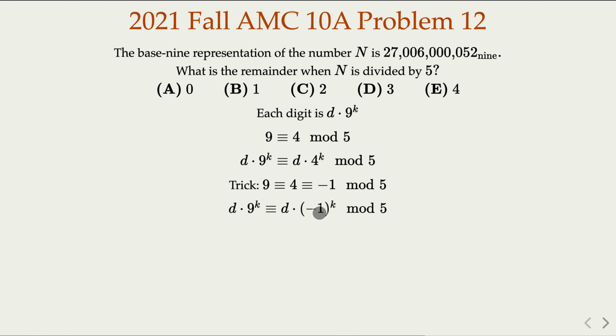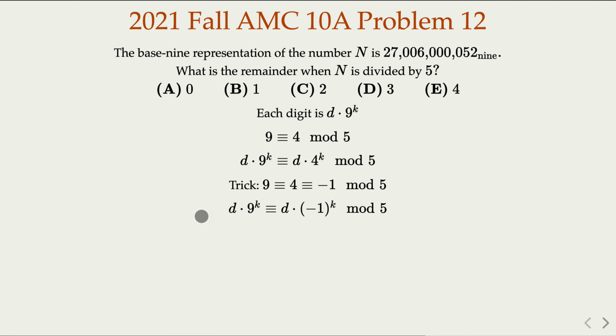We're going to use the fact that each digit depends on the kth position. This is 0, 9 to the 0th power, 9 to the 1st power, k equal to 1, k equal to 2, k equal to 3, and so on and so forth. So it's really depending on the position.